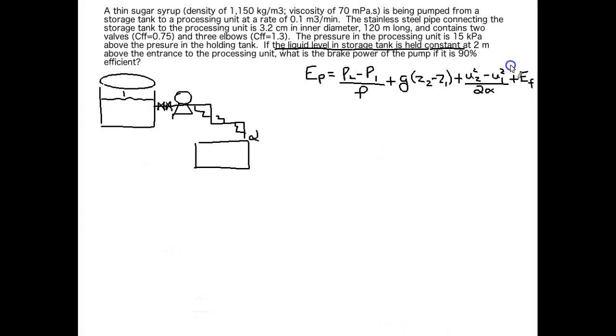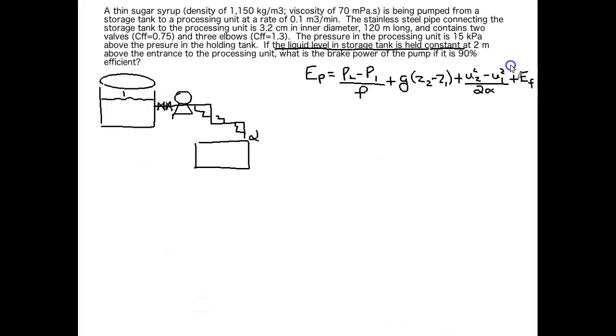Next up, kinetic energy. If we look at U2 minus U1, we are given some information about flow in the problem. We know that we're flowing at a rate of 0.1 cubic meters per minute. So that has to be one of these velocities, but which one is it? If we look down a couple of sentences, we see again that the liquid level in the storage tank is held constant.